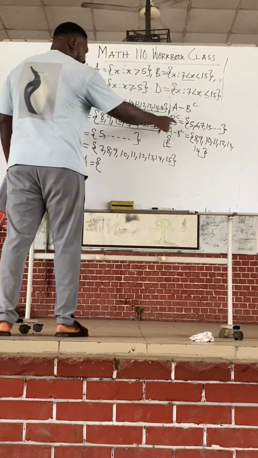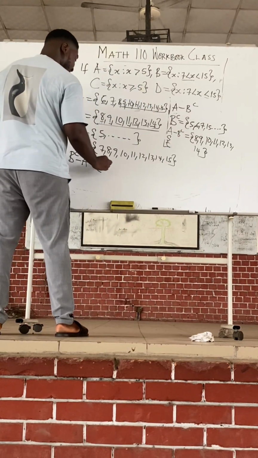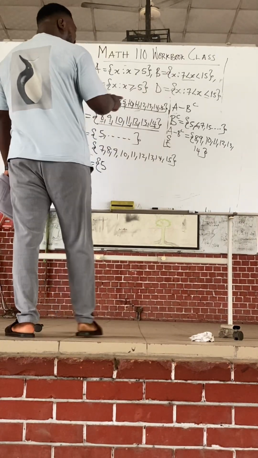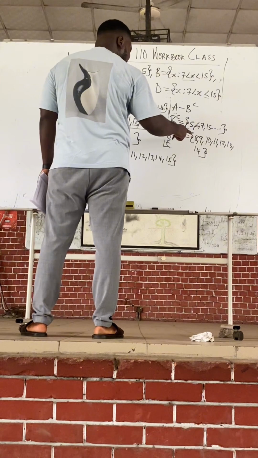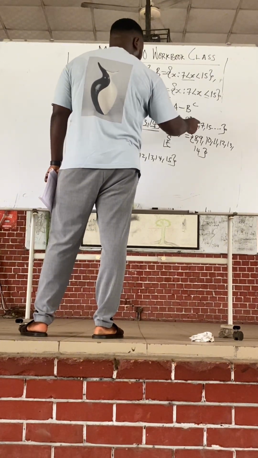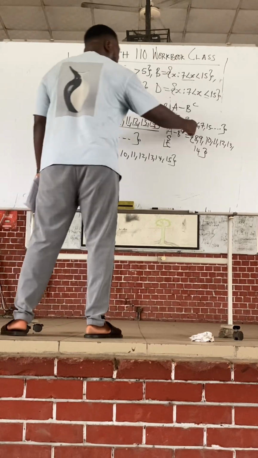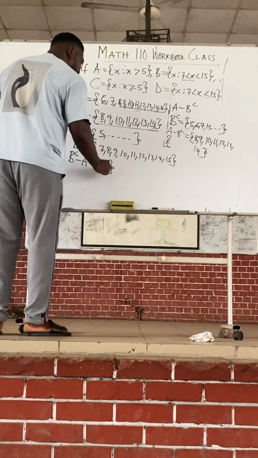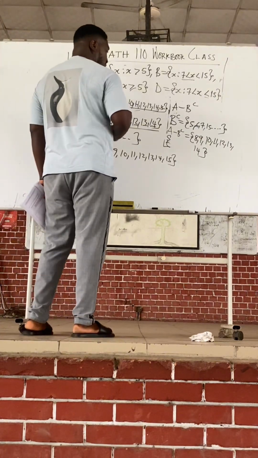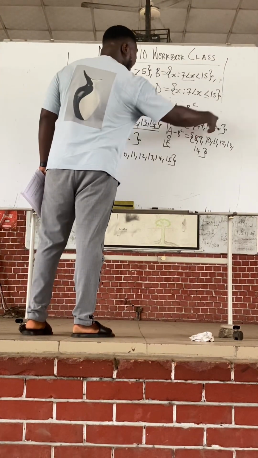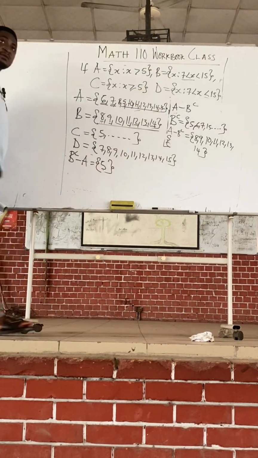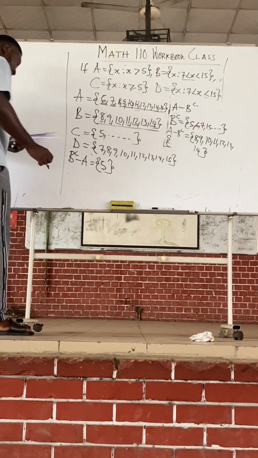Who will remain from B complement? 5. I think only 5. All members of A that are in B complement, remove them. It's only 5 that will survive, because 6 and 7 will go, and 15 till infinity will go because it's also in A. Only 5 remains. So this is B complement minus A.